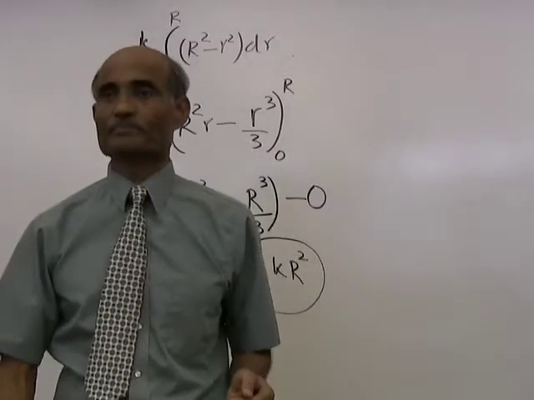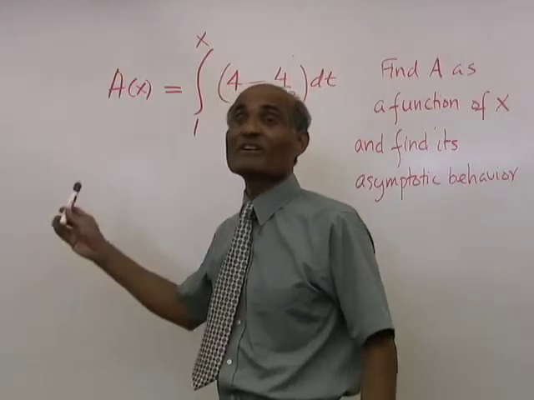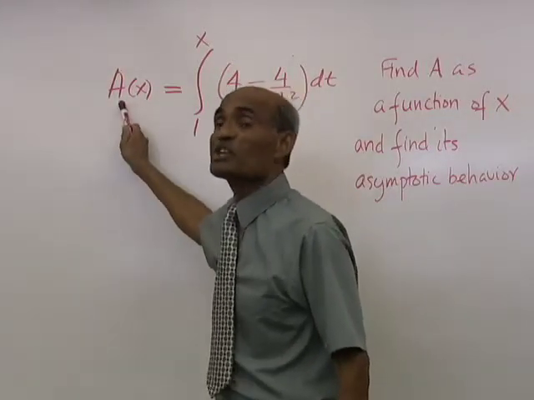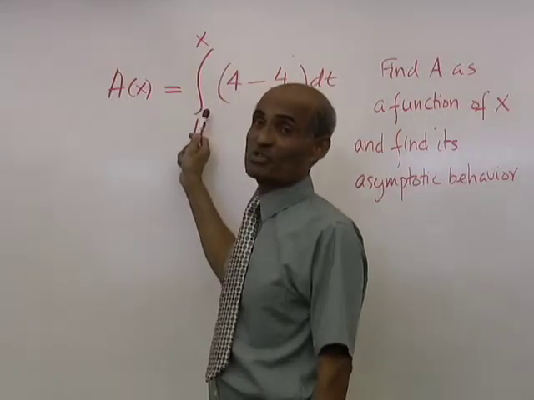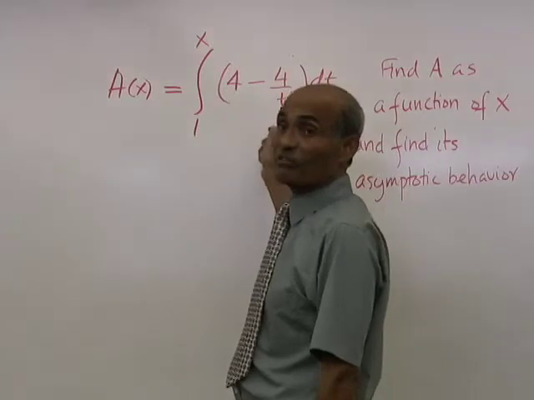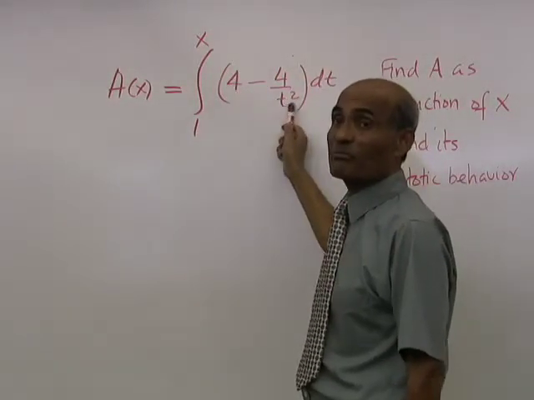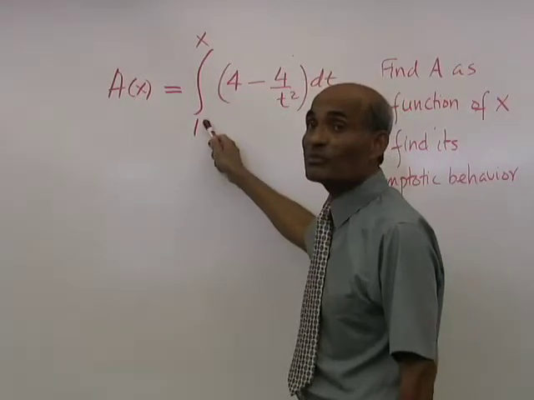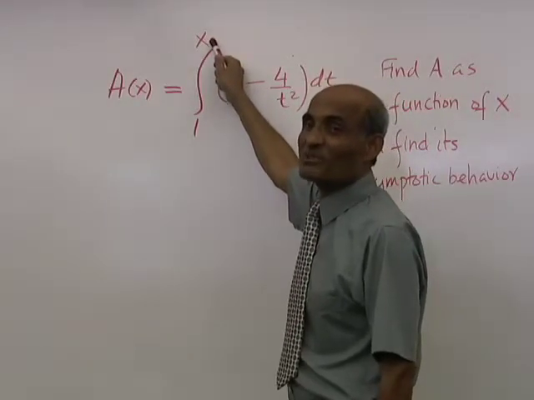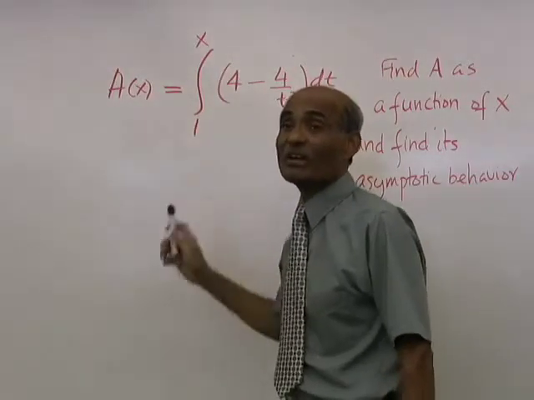Okay. If you check slide number 27 in the PowerPoint, you will see the complete statement of this question. The question says the area enclosed by the graph of this function, from x equal to 1 to x, is given by this function A of x.